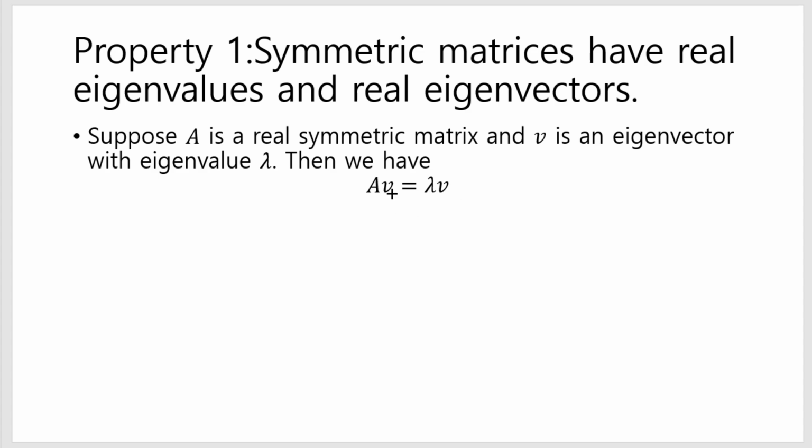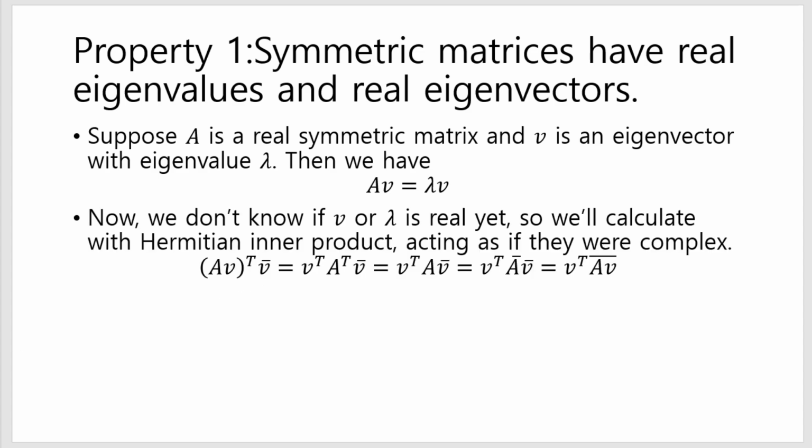An eigenvector is where multiplication by a matrix is the same as resizing by some constant, and this v has to be a non-zero vector. So at least one component of v has to be non-zero, and lambda could be 0, but it's just any number. Right now we don't know if it's complex or real, and we want to prove that lambda has to be real.